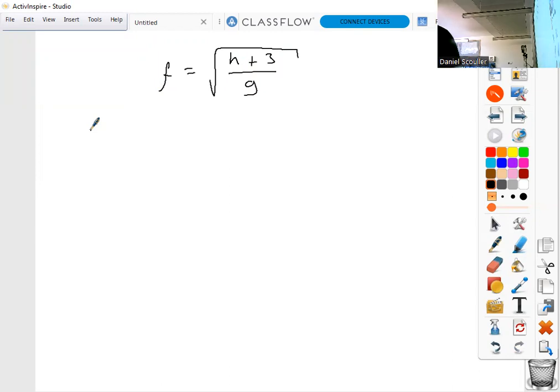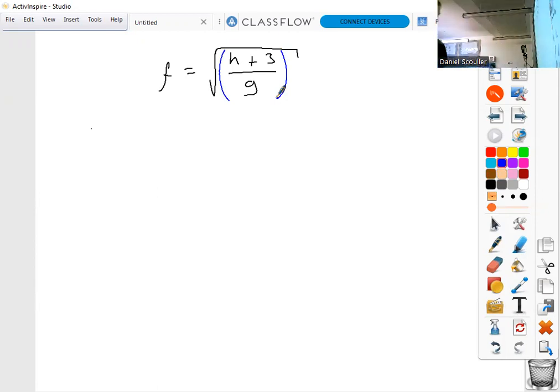So given something like that, that root sign is really important. That root sign is covering everything in here. Now that's important. We'll come back to that.